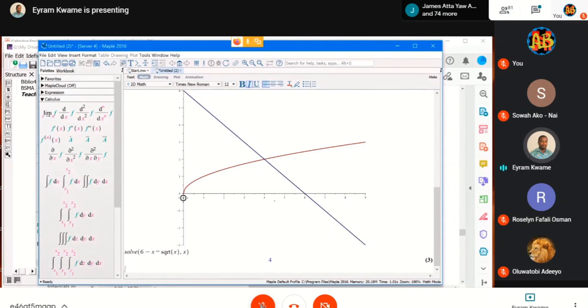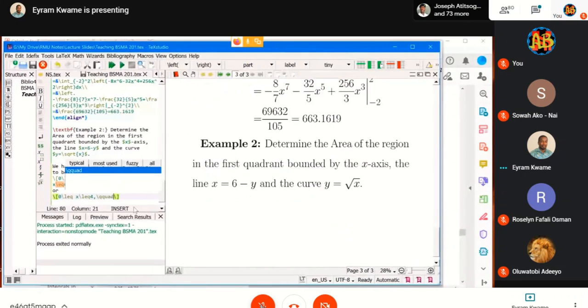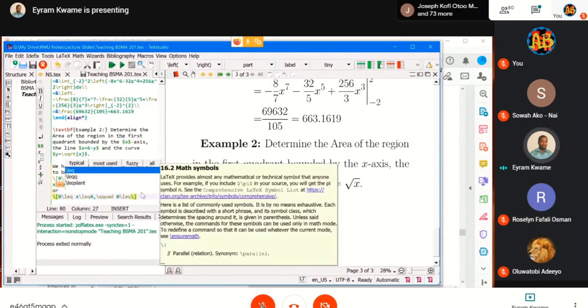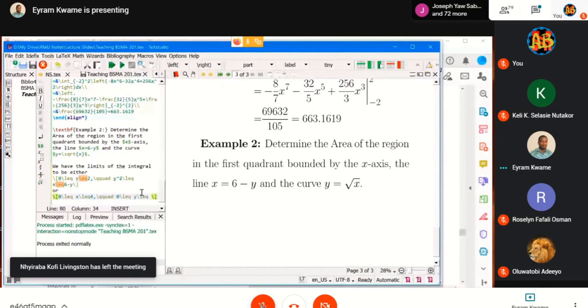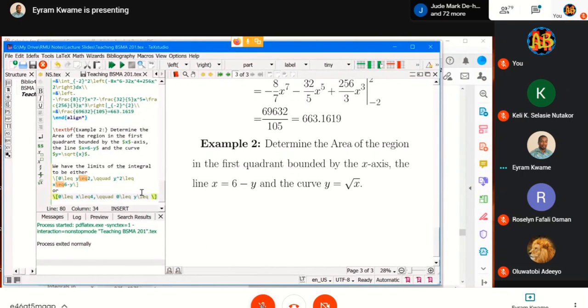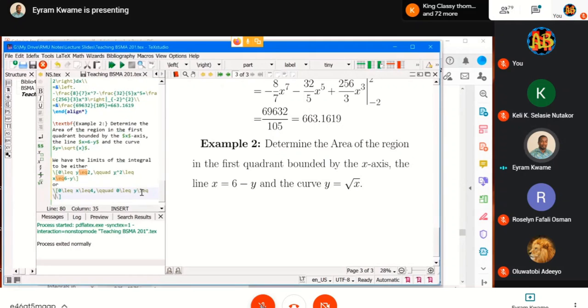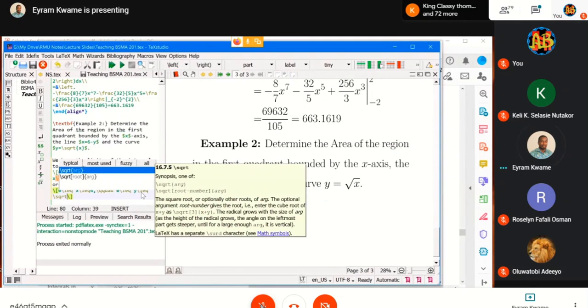So this is 4. So 0 to 4 for this, but then the y must change: 0 less or equal to y less or equal to square root of x.